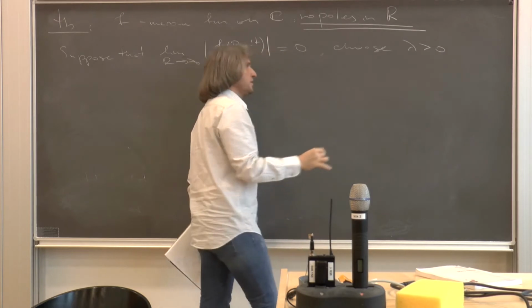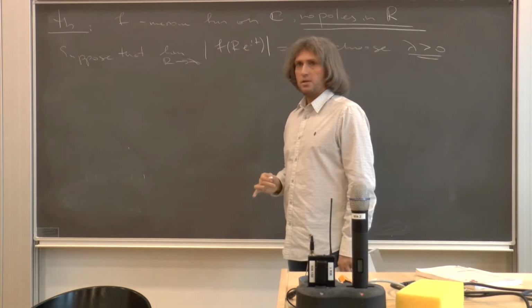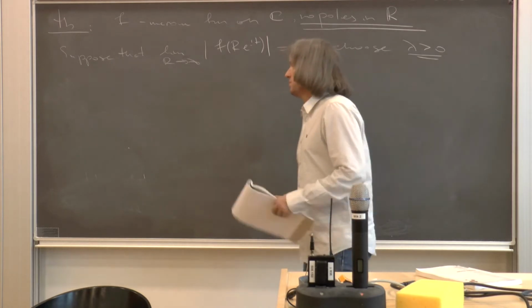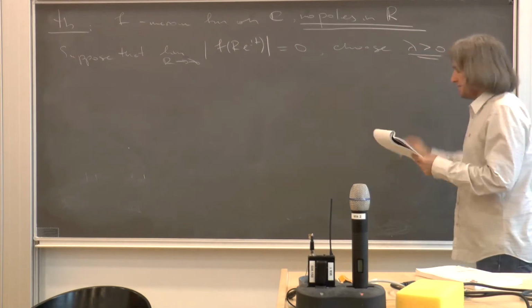So it's important that it's greater than 0. Maybe I will not use it in the calculation because I don't plan to follow the calculation in detail, but the choice of a positive number is important.